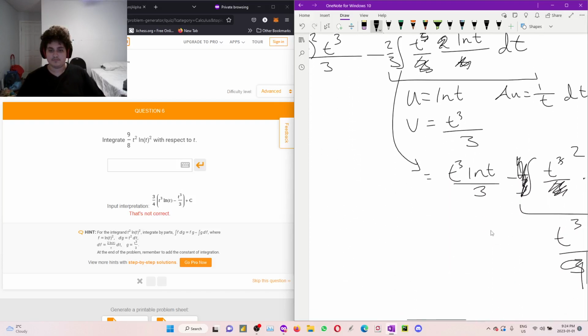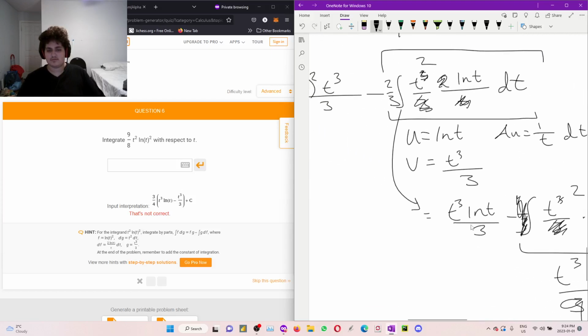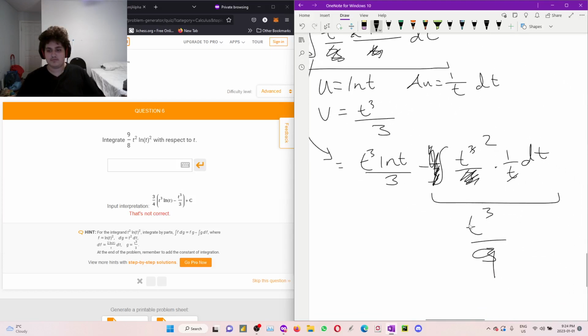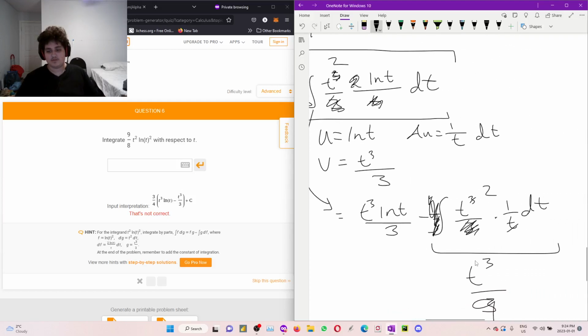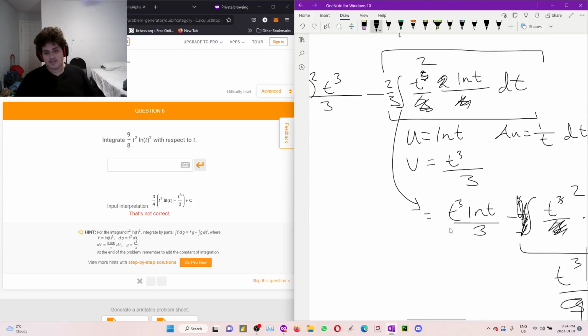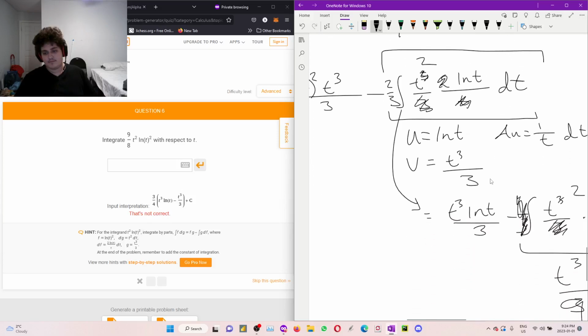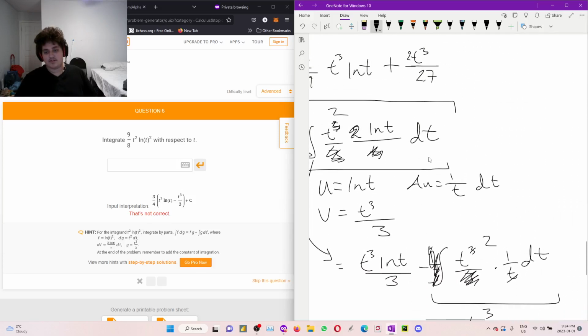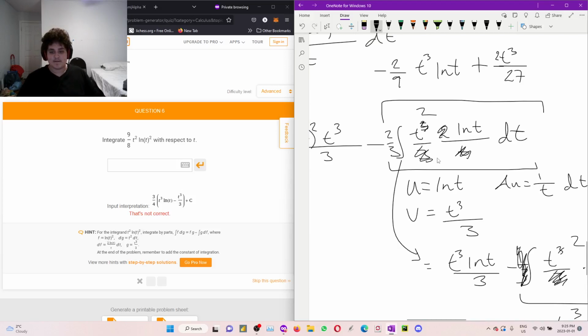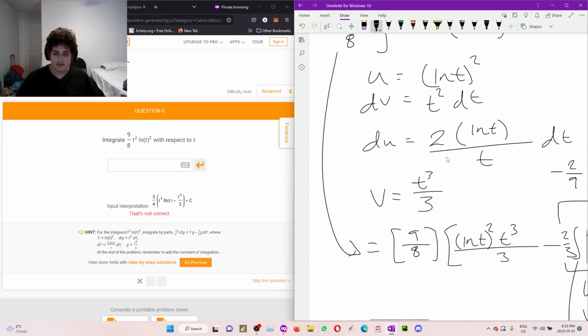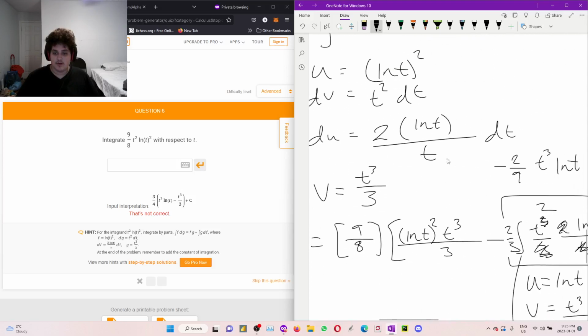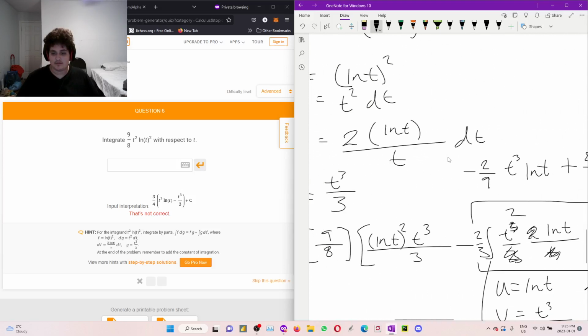So you get the minus 2/3 times this will be minus 2t cubed by 27. Well, plus, because this is minus as well. So minus minus will be plus. And that's the answer. Okay, cool.